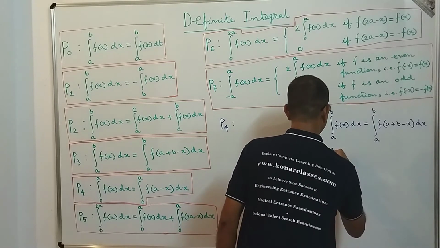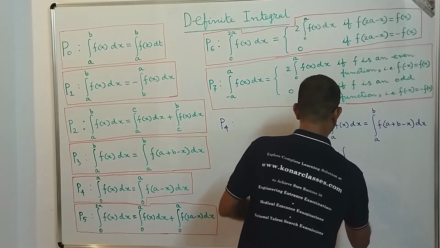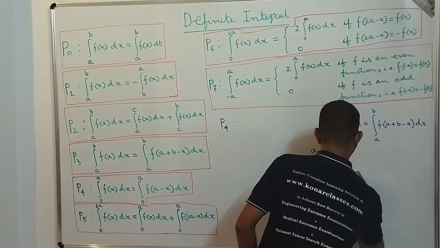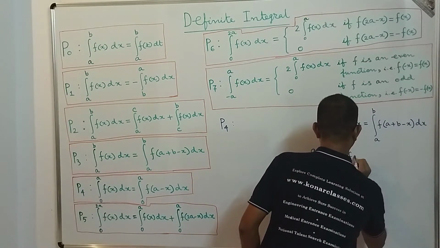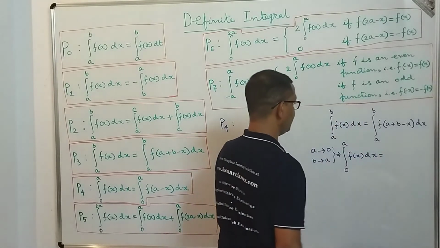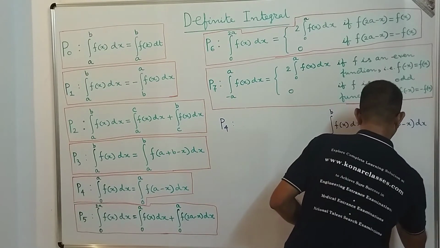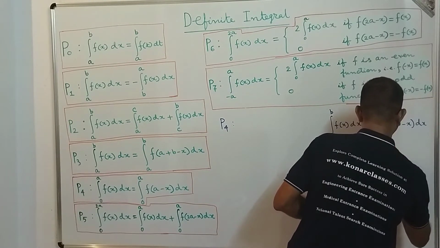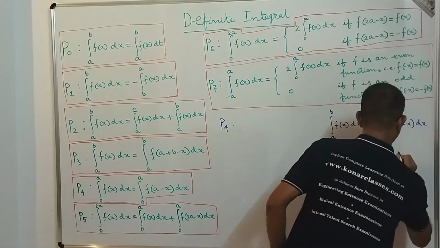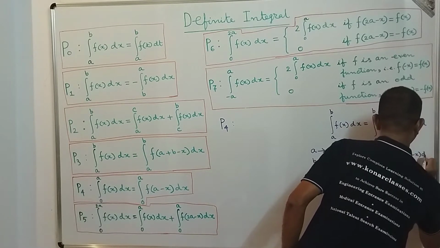Then what we are going to get by means of this replacement? From here, integration a to b will now become integration 0 to a. Integration 0 to a f(x) dx is equal to integration 0 to a f of, what is it, 0 + a - x, so you can write 0 + a - x dx.